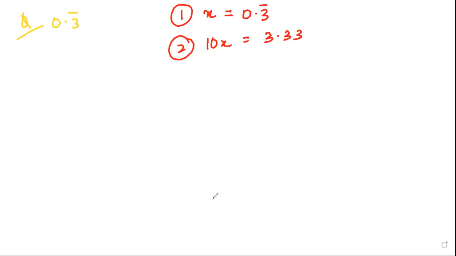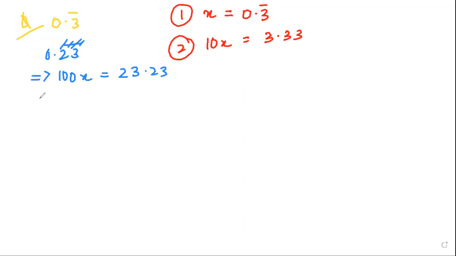Suppose the question was 0.23 with both digits recurring. What would you multiply it with? 100. Yes. So it becomes 100x is equal to 23.23. What you're trying to do is remove this bar. Wherever the bar is, for that many digits, you multiply with that many zeros.